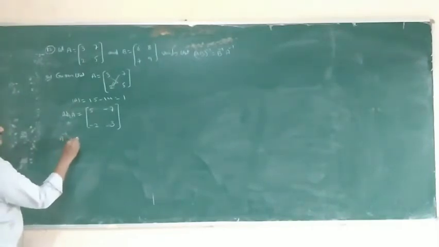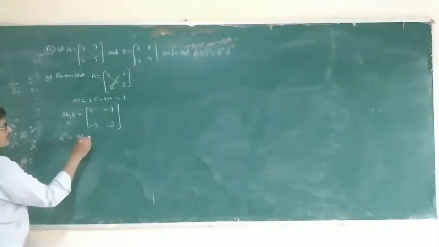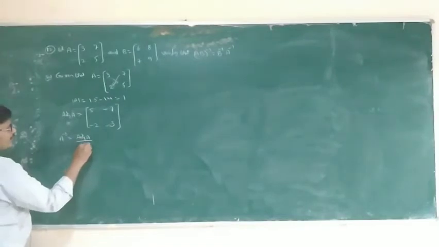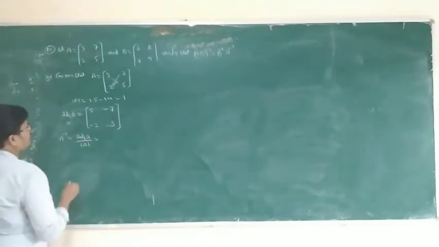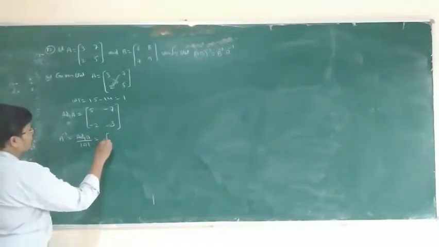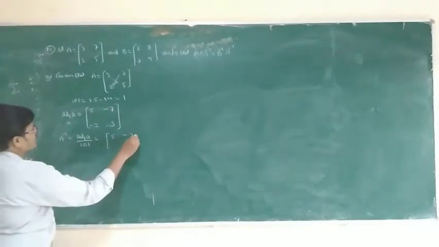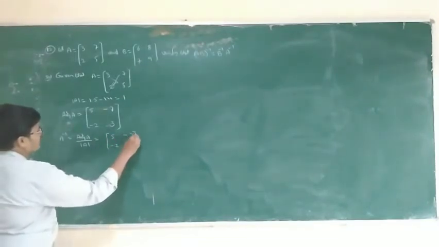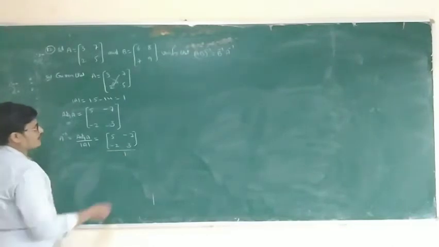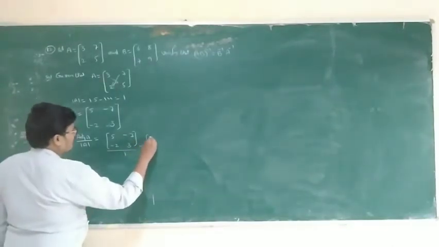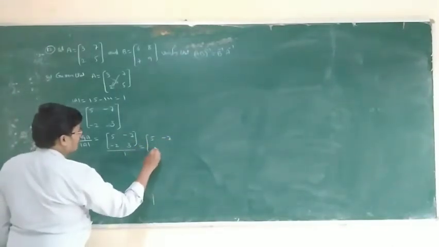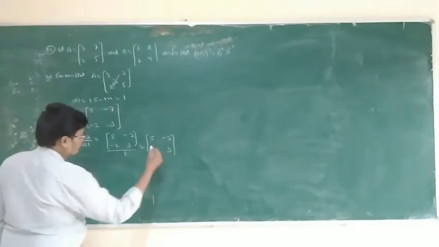So, A inverse formula: A inverse is equal to adjoint A by det A. Adjoint A is 5, minus 7, minus 2, 3, by det A value 1. So A inverse is 5, minus 7, minus 2, 3.